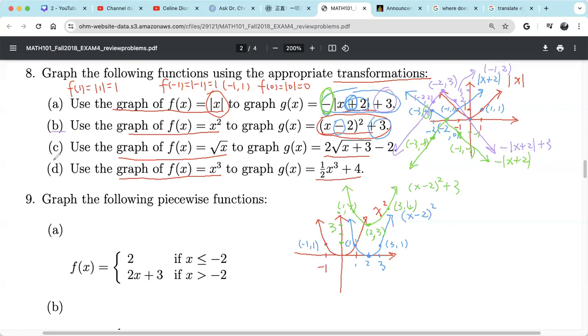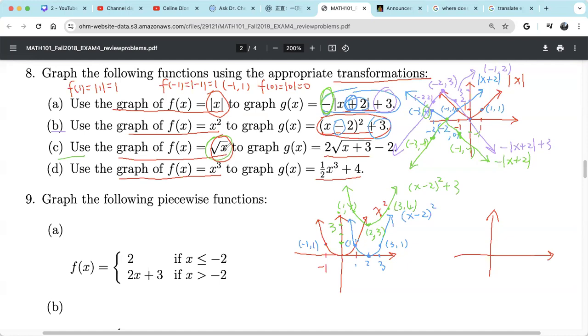Now let's see C. C, let's graph this one first. Let's also graph with red color first. So the graph of this, if you don't remember the graph, it's better to remember the reference graph. If you don't remember, just evaluate 3 points.